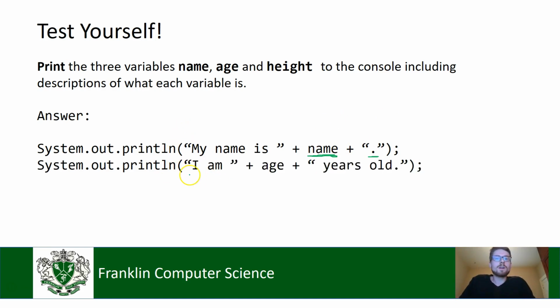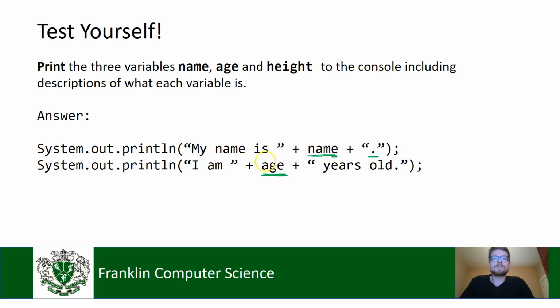And then we're going to print out "I am" space plus age plus "years old". And remember, this again is not the string age. It is going to be the value of whatever age is. So it's going to go find your age you saved and use that instead of the string age.